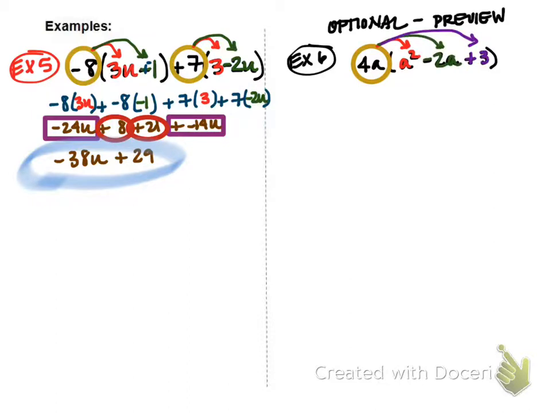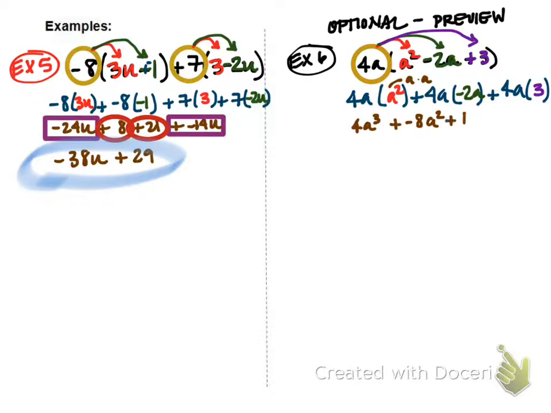The 4a is going to be multiplied to the a squared, the -2a, and the 3. Doing that then, I'm going to simplify because a squared is the same thing as a times a. So this gives me 4 times a to the third plus -8a squared plus 12a.